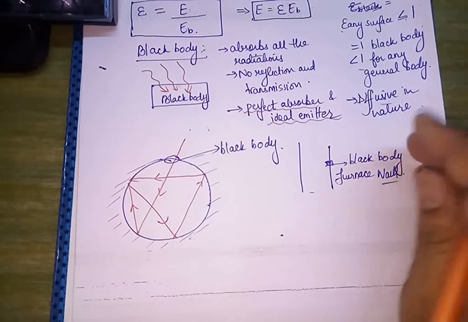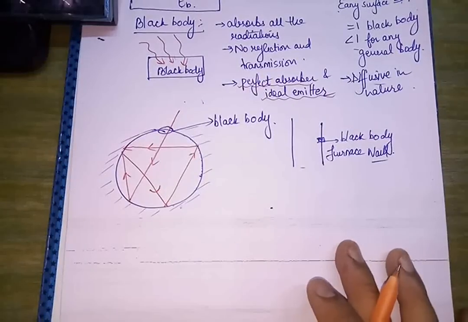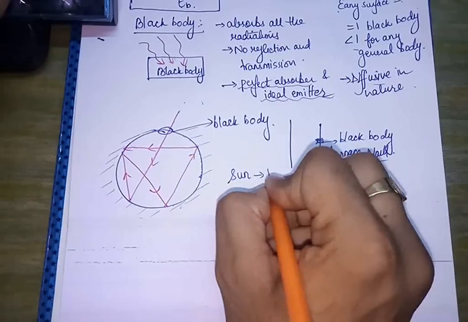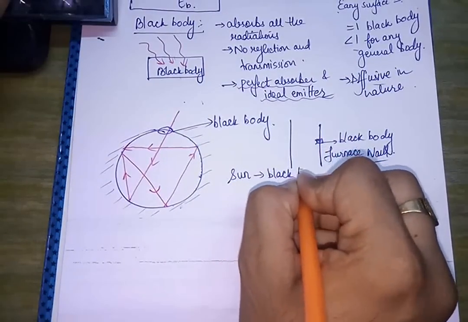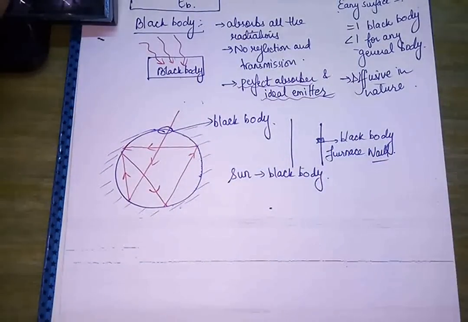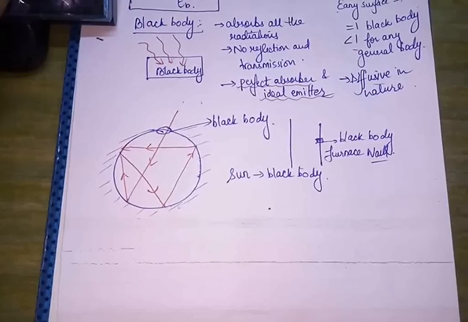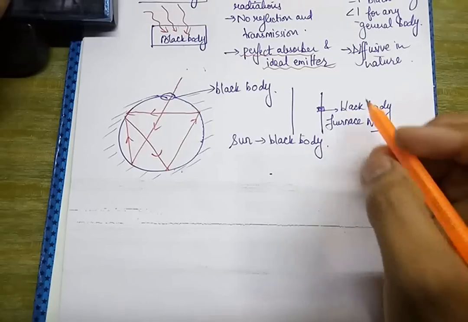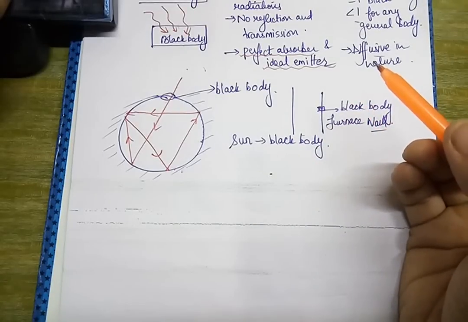Now in our daily analysis or in the analysis of radiation, the sun is also treated as a black body. We consider the sun as a black body. Okay, and I had also told you earlier that a black body need not appear black to you.